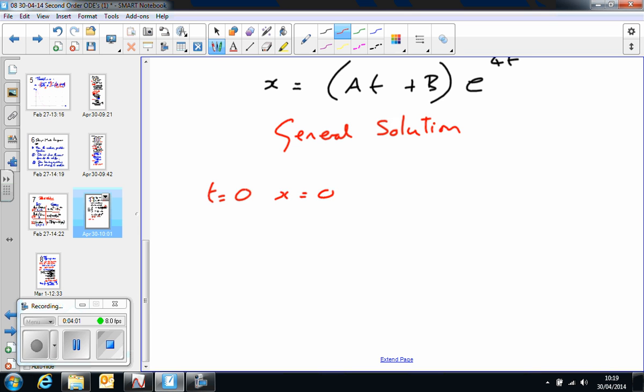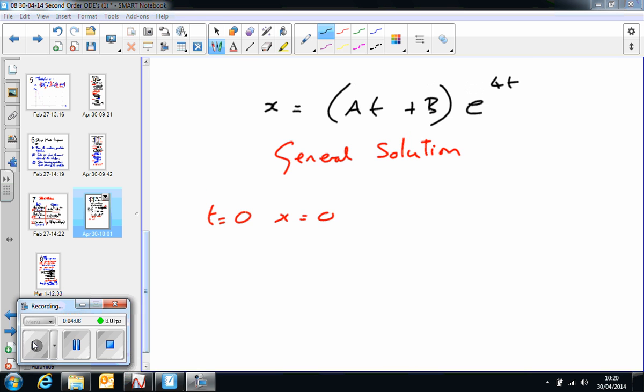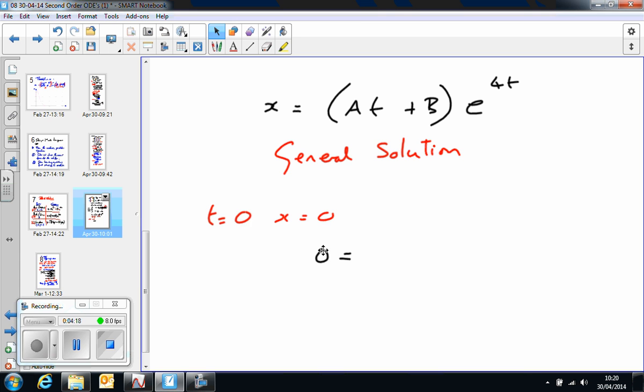Okay, so putting my values in, if t is 0, then that term cancels out, and e to the 0 becomes 1. So in fact we know that 0 equals b. In other words, b is 0.